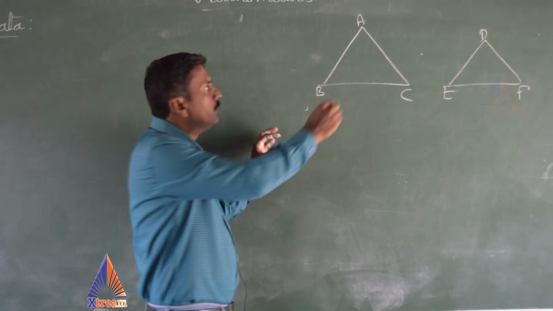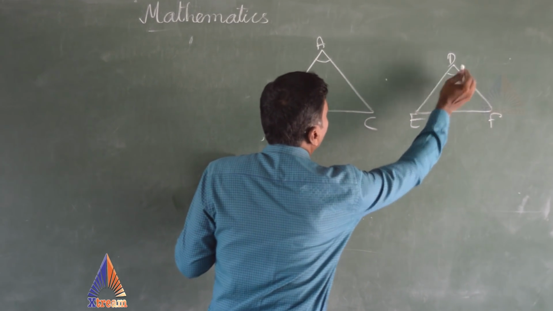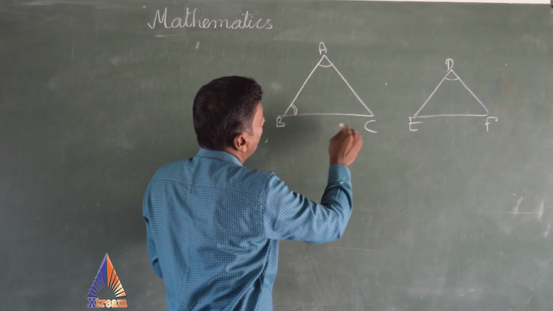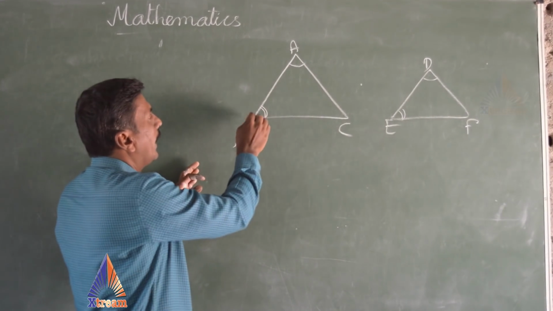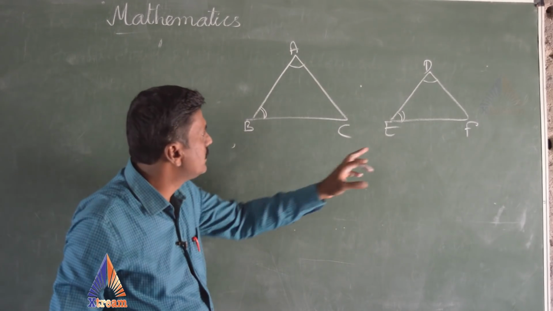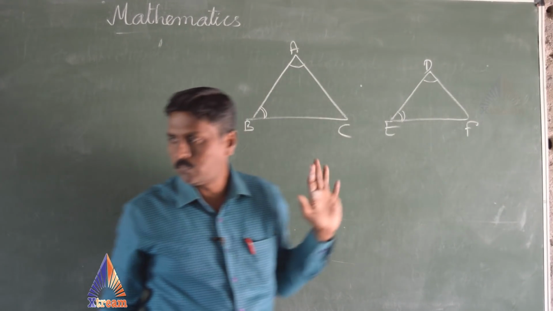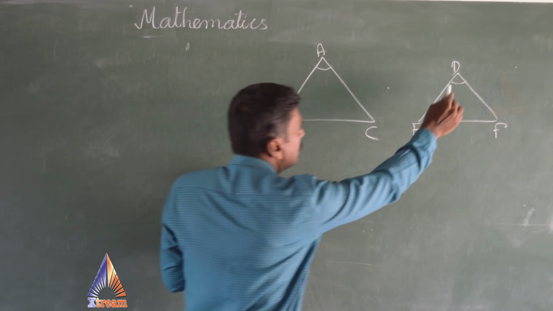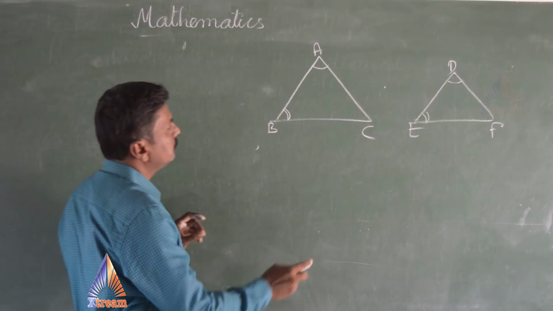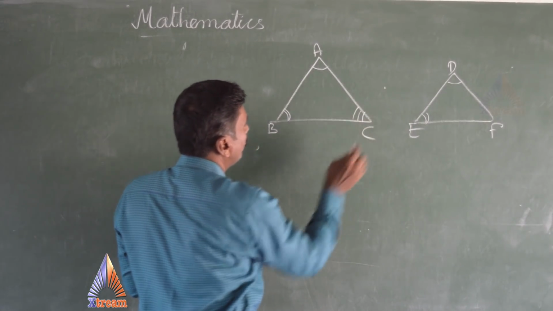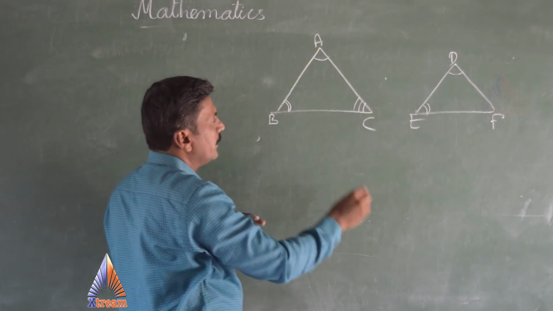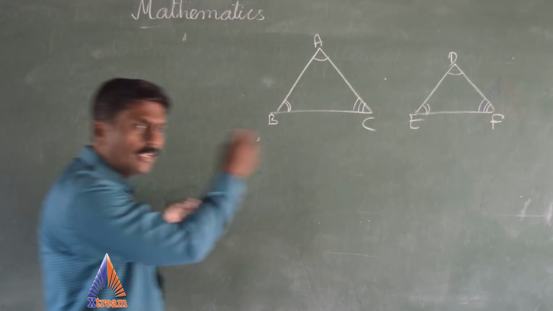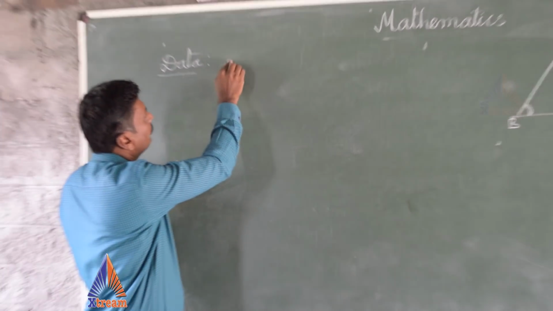That means their corresponding angles must be equal. Angle A is equal to angle D. You can call it angle BAC is equal to angle EDF. Secondly, angle ABC is equal to angle DEF. And thirdly, angle BCA is equal to angle EFD. So that you have to write in this data.